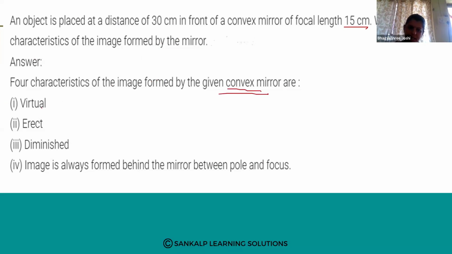In case of convex mirror, it is virtual and it is erect and diminished. Image is always formed behind the mirror between pole and focus. So these 4 characteristics are there for convex mirror.